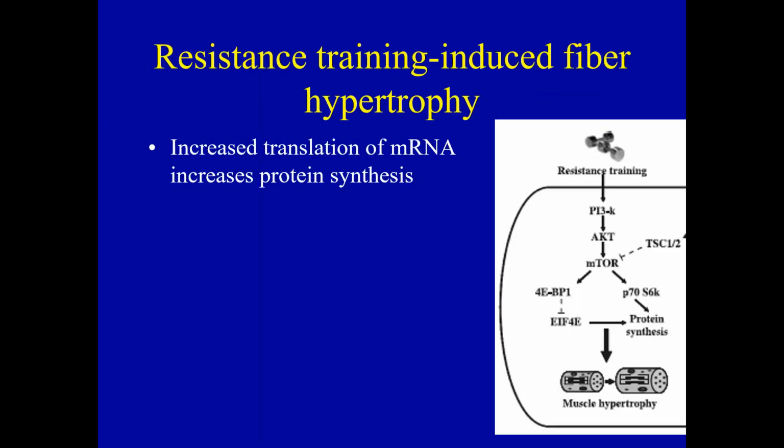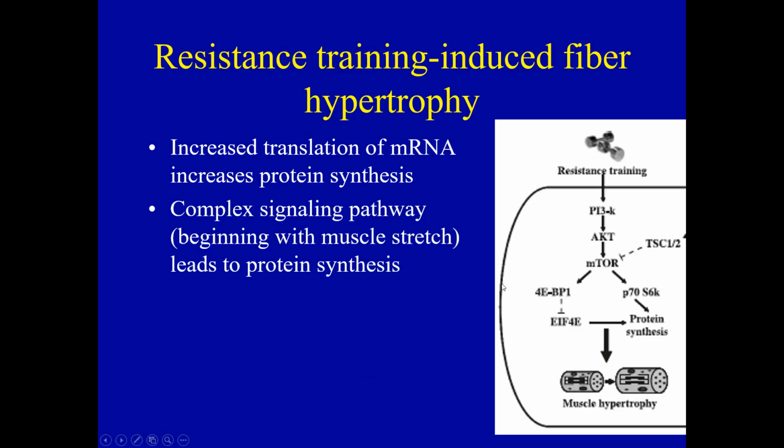As far as the mechanism by which resistance training increases muscle size or fiber hypertrophy, it's a complex pathway. But the bottom line is there's more protein synthesis. The complex signaling pathway that this picture is showing is one of the key pathways that is thought to lead to an increase in muscle fiber size.